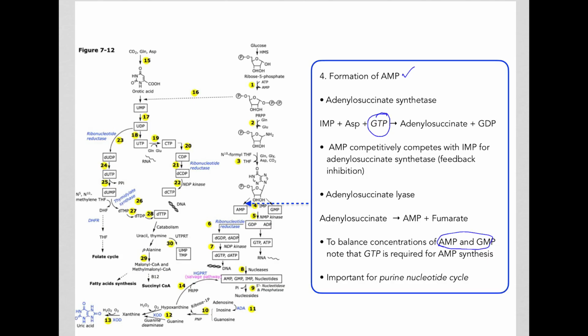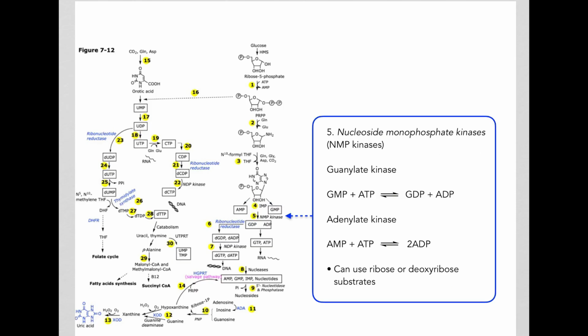Earlier we saw how in the synthesis of GMP, we actually use ATP. As we shall see in a few minutes, these two enzymes here are important parts of what we call the purine nucleotide cycle. So we'll discuss the purine nucleotide cycle in a few minutes.